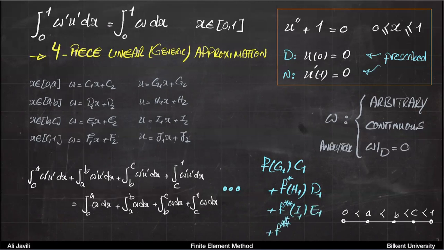These are different Fs, different functions, and J1 times F1 equals 0.